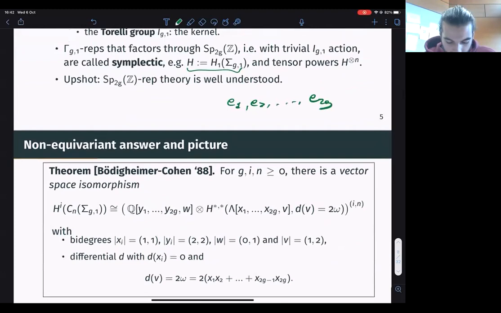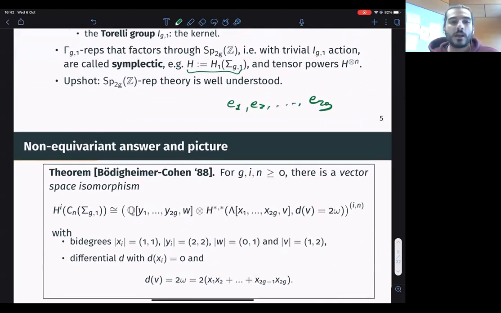Okay, so let's hide the thing in the bottom first. The answer for what the homology of configuration spaces of these surfaces are was already known from the 80s by this paper by Bödigheimer-Cohen from 1988.